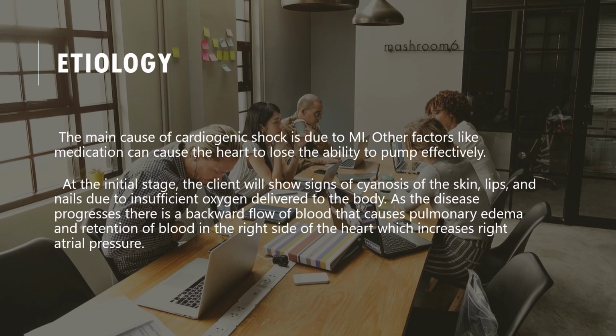At the initial stage, the client will show signs of cyanosis of the skin, lips, and nails due to insufficient oxygen delivered to the body. As the disease progresses, there is a backward flow of blood that causes pulmonary edema and retention of blood in the right side of the heart, which increases right atrial pressure.